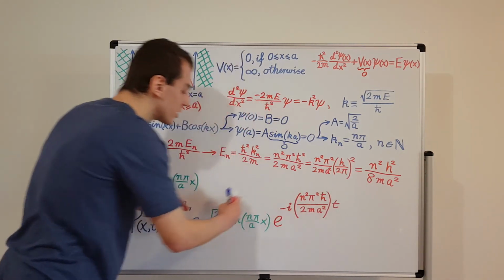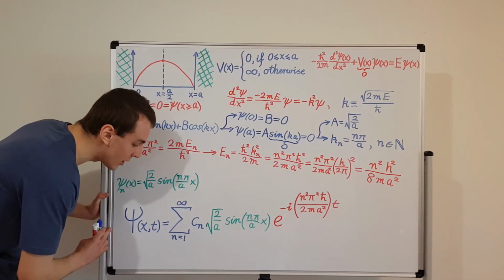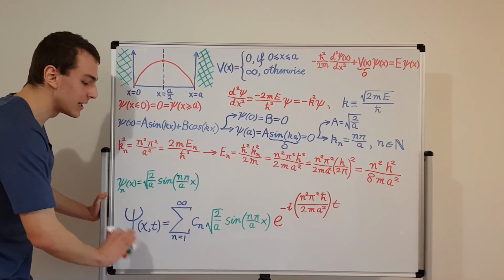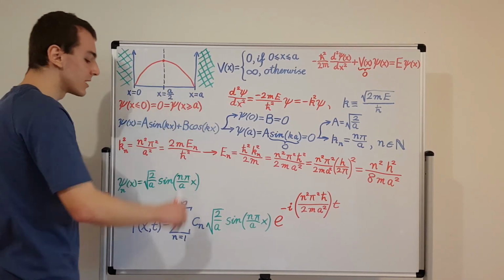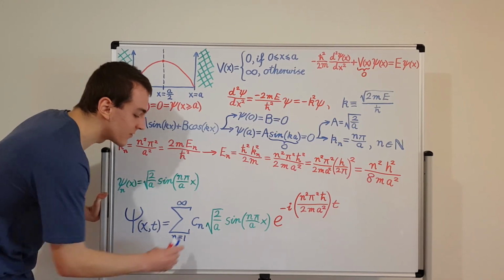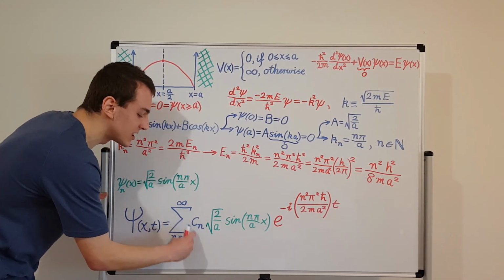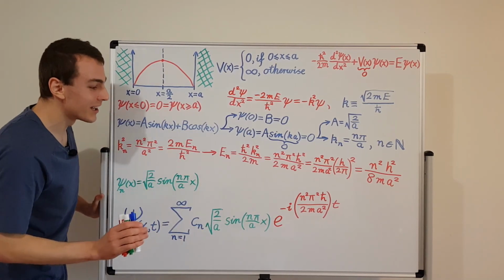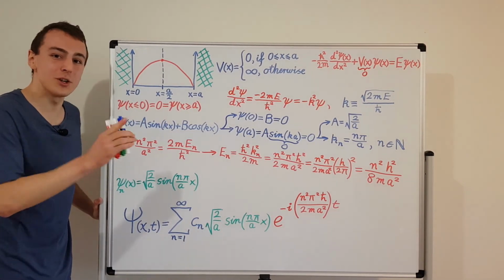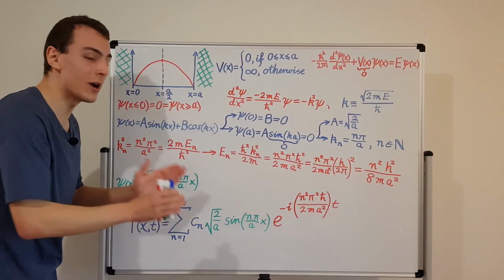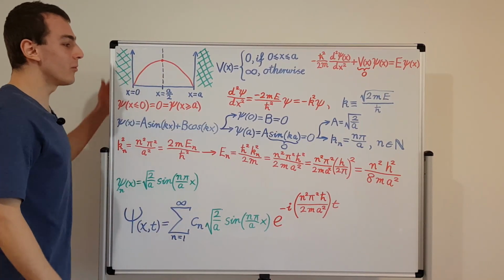And this is going to tell you the most general time evolution for the most general possible state. Any possible initial condition that is physically reasonable is going to fit in with this formula. All you have to do is find the coefficients at t equals 0, and then you have the entire time evolution until you perform a measurement. The moment you perform a measurement, this goes out the window, and you have to start off with new initial conditions.